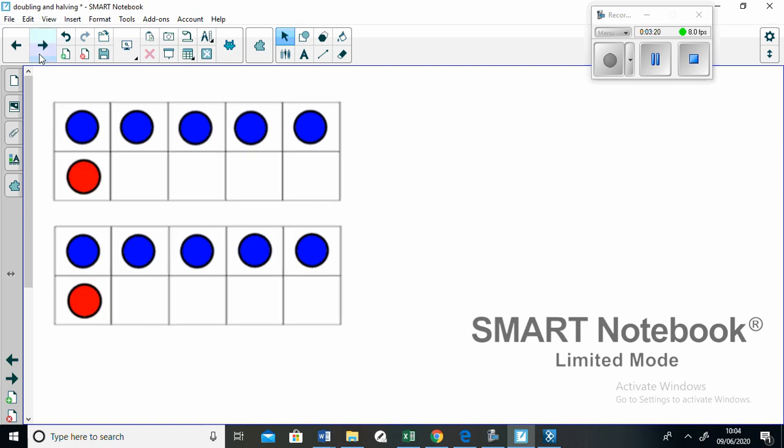For example, double six. Now, I've set out my 20 grid in a very special way. I've got my first group of sixes up here and my next group of sixes down here. But I've set them out in a special way. I've set them into a group of 5 blues and 1 red.